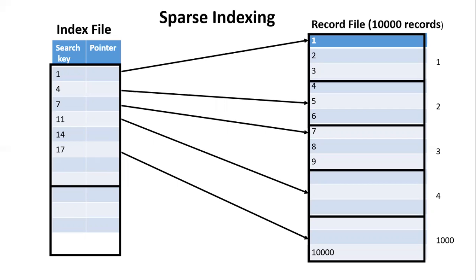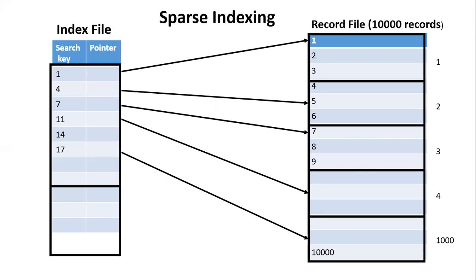Okay, so in the index file we will start with the search key 1, because the key attribute value of 2 lies between 1 and 4. So we start with the 1. Through a pointer we will reach block 1.